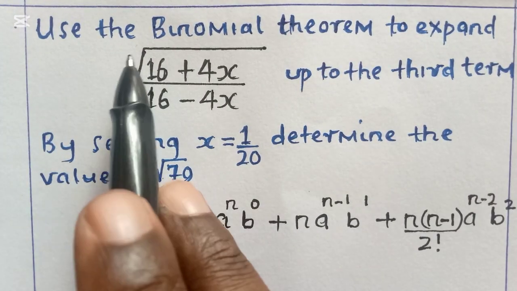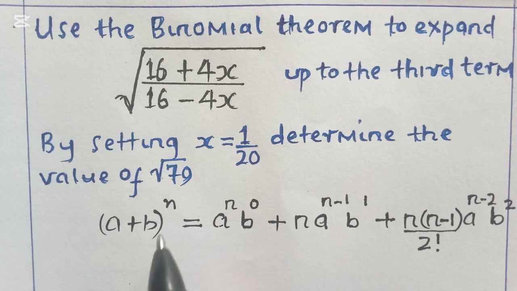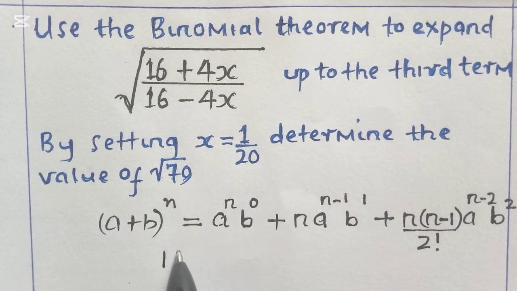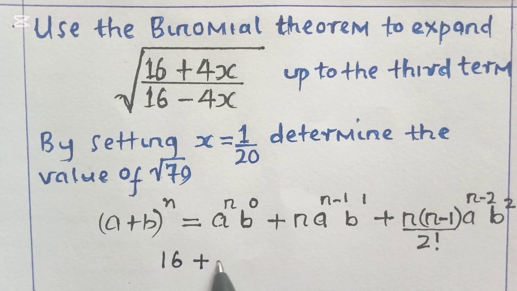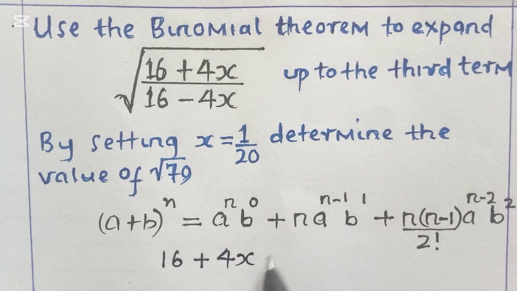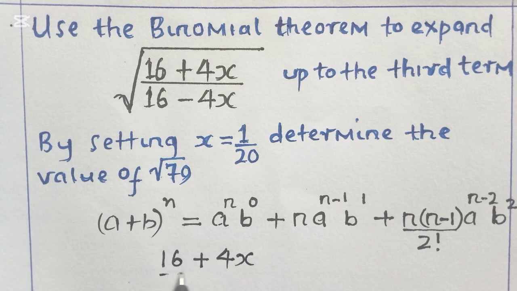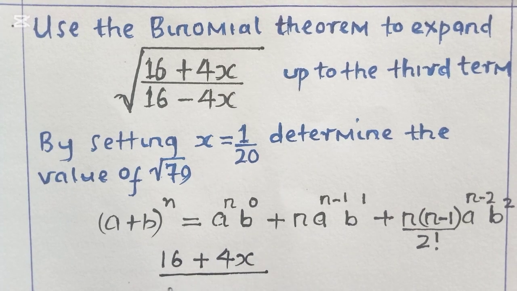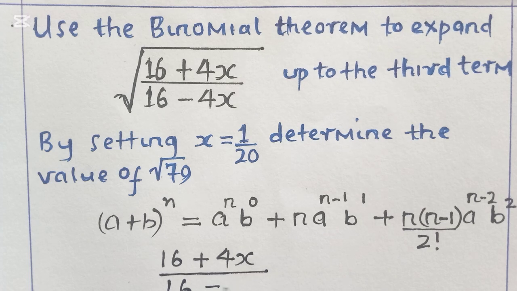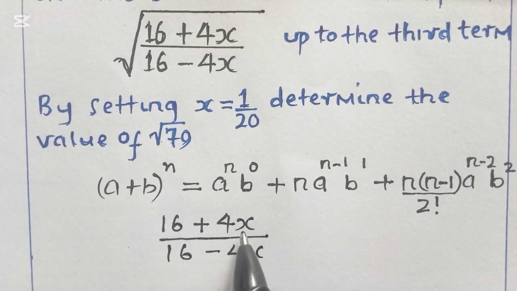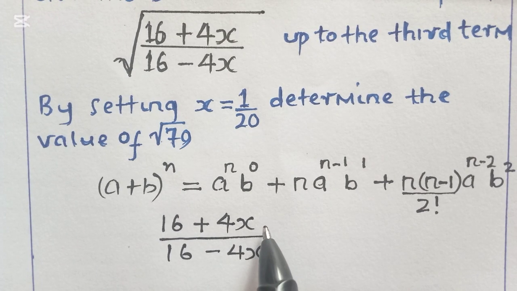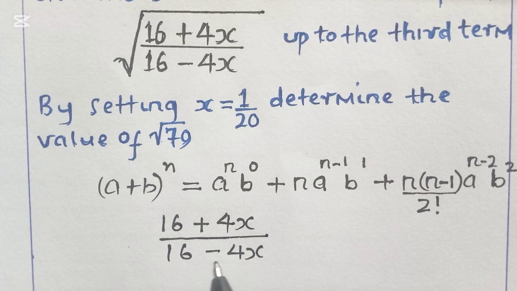We can first of all leave out the square root and write it this way: 16 plus 4x, all over 16 minus 4x. So guys, what we can do is divide throughout by 16, both the numerator and the denominator. And when we do that, we are not changing anything.